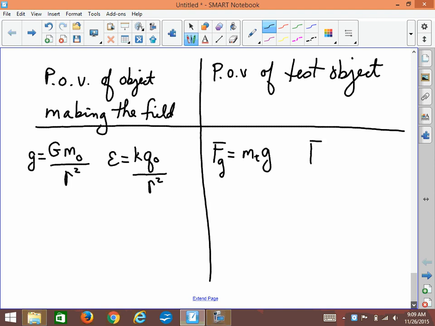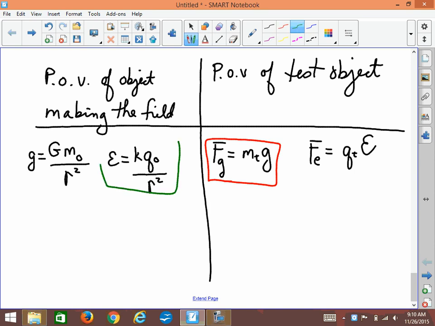And for electricity, the electric force is Q test times the electric field strength. 9 times out of 10 with gravity, we use this one because we're near the surface of the Earth. But with electricity, we use both of these together. There's not one that's any better than the other because both points of view are equally valid, right? This one is the point of view from the Earth's surface where we live, so we use it more often. But with electricity, we have to get accustomed to having both in our back pockets.